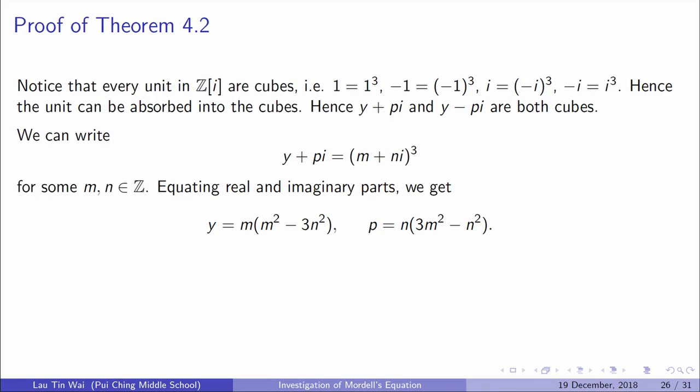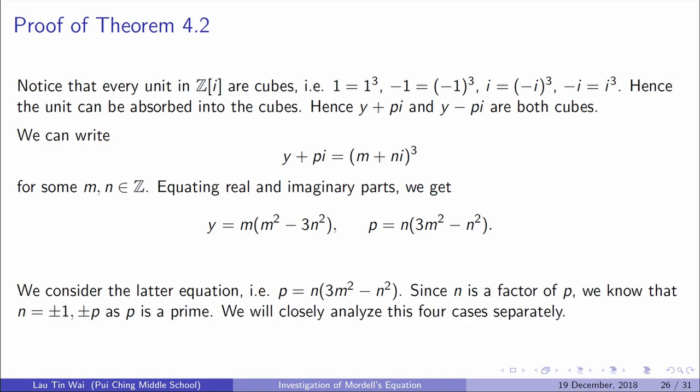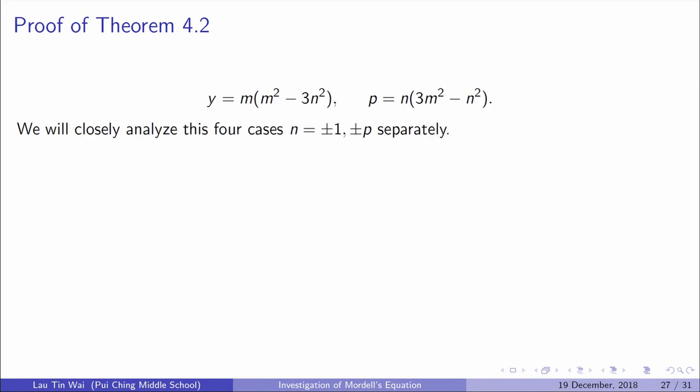Notice in Gaussian integers, every unit in the Gaussian integers is a square. So I can absorb it into the squares here. And I'm comparing the real and imaginary parts, and we get this form. Notice in here, n is a factor of p, so I'm going to analyze the 4 cases, n equal to plus or minus 1, plus or minus p, as p is a prime.